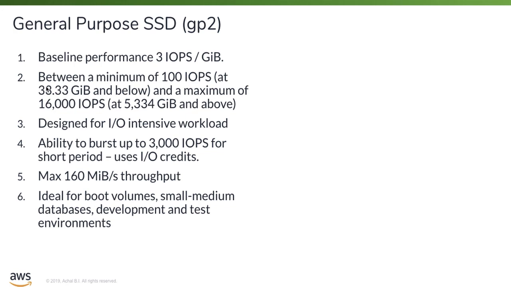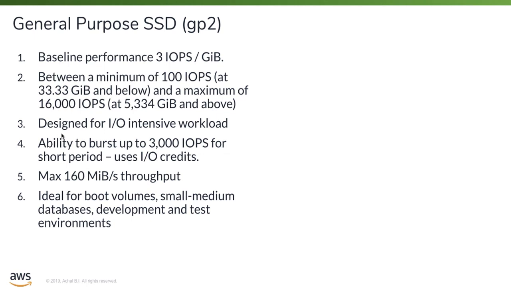So whether you choose 10 GB or 20 GB, up to 33.33 GB, you would get 100 IOPS, and above that the IOPS gets incremented on a per GB basis, up to 16,000 IOPS, and up to 5.3 TB you would get a different IOPS range.